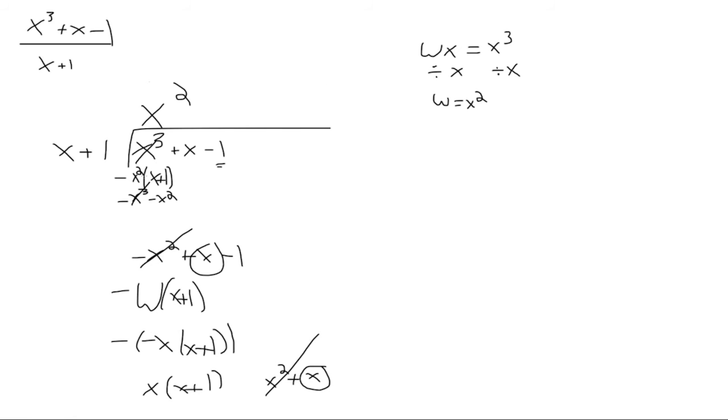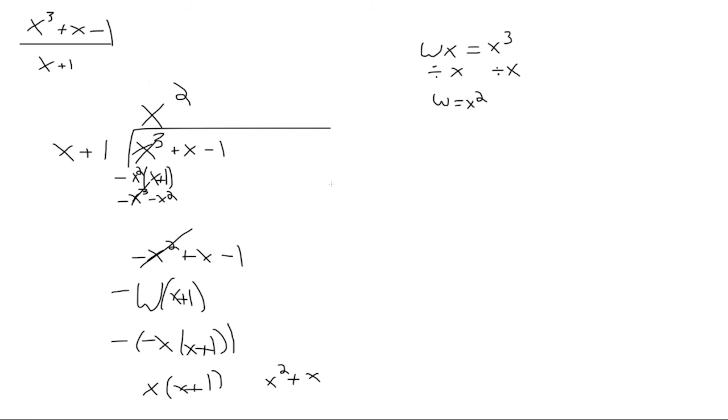As we decrease the exponent of the term that we're trying to get rid of, we get closer to the last term, which is often a constant, or just a low term. So, yeah.